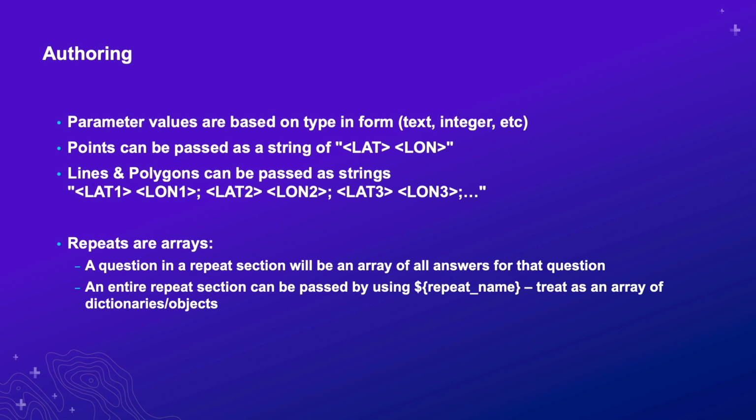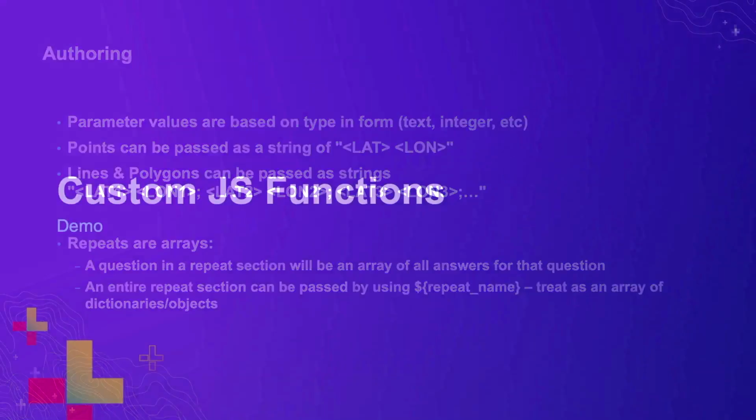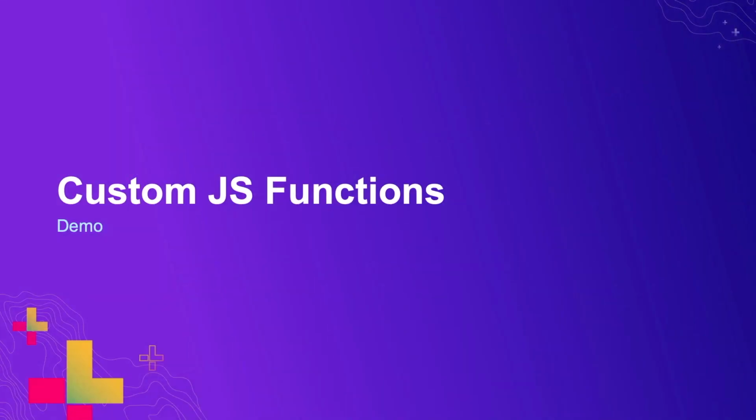Additionally, you can specify the entire repeat be passed in as a parameter using the ${tablename}. This will give the function an array of each repeat as an object. From there, you can access the individual fields just as you would an associative array within JavaScript. Let's take a look at some examples.